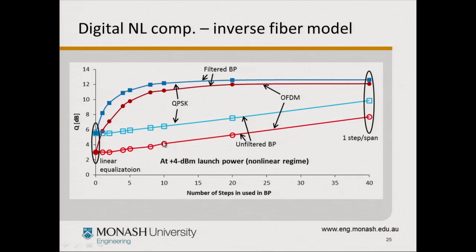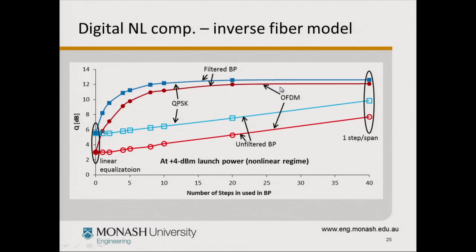Now, what's interesting to see is that the performance improves almost on this linear line if you have a system without the filter, but once you put the filter in, the performance improves very, very quickly. This is a 40-span link, so as you reach, let's say 10 or even 5 spans, that's a reduction by a factor of around 4 or 5.